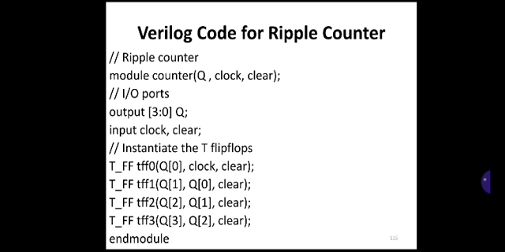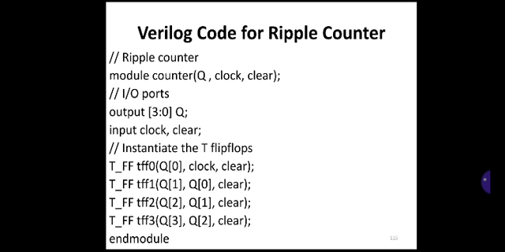This code is shown in this example. The code contains instantiation of 4 T flip-flop modules. That means this is gate level modeling, not data flow modeling, as we have four blocks in the block diagram of a 4-bit ripple carry counter that can be implemented using gate level modeling. The declaration part will be the same, but we have instantiated those blocks.